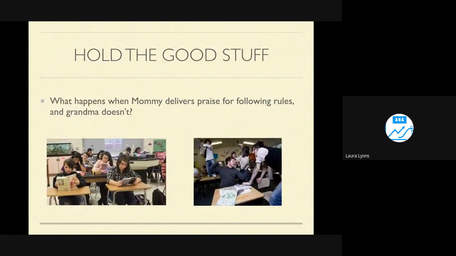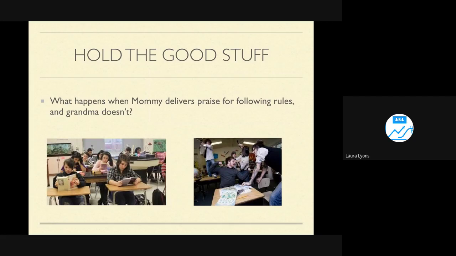Another quick point I wanted to make is you guys are home. A lot of people are home with kiddos, sometimes with other family members, extended family members. A question I want to pose is what happens if mommy delivers all this praise for following rules and grandma doesn't? What happens a lot of times is the child will follow the rules when mom gives them reinforcement, praise after that.